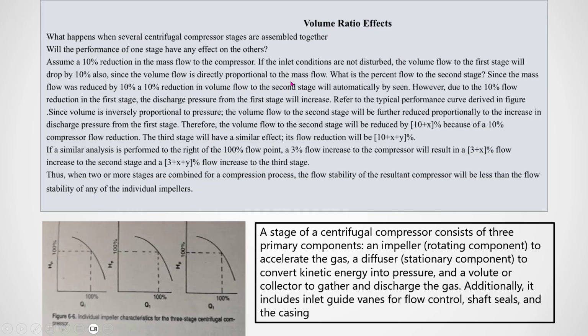A 10% reduction in the volume flow to the second stage will automatically be seen as well.